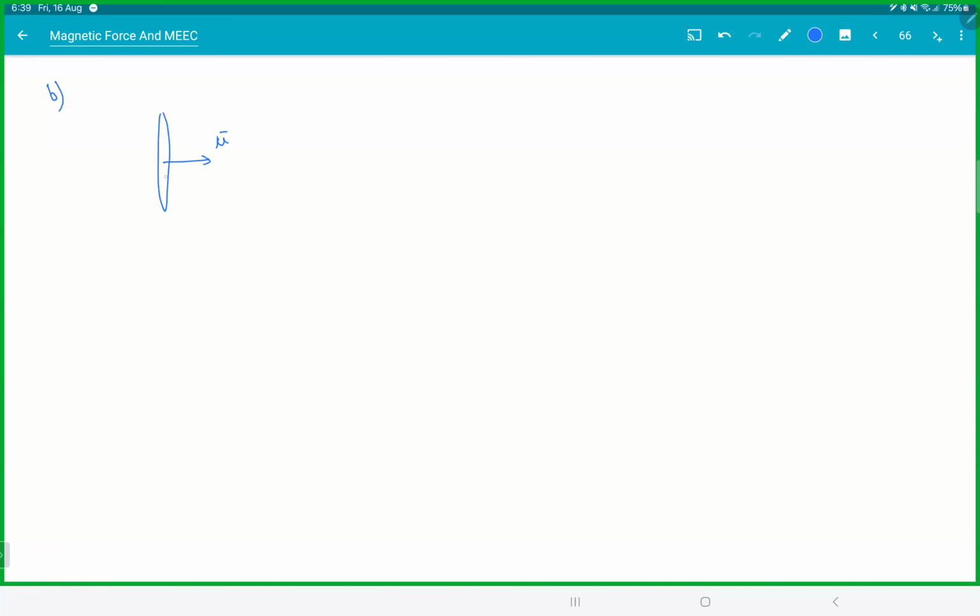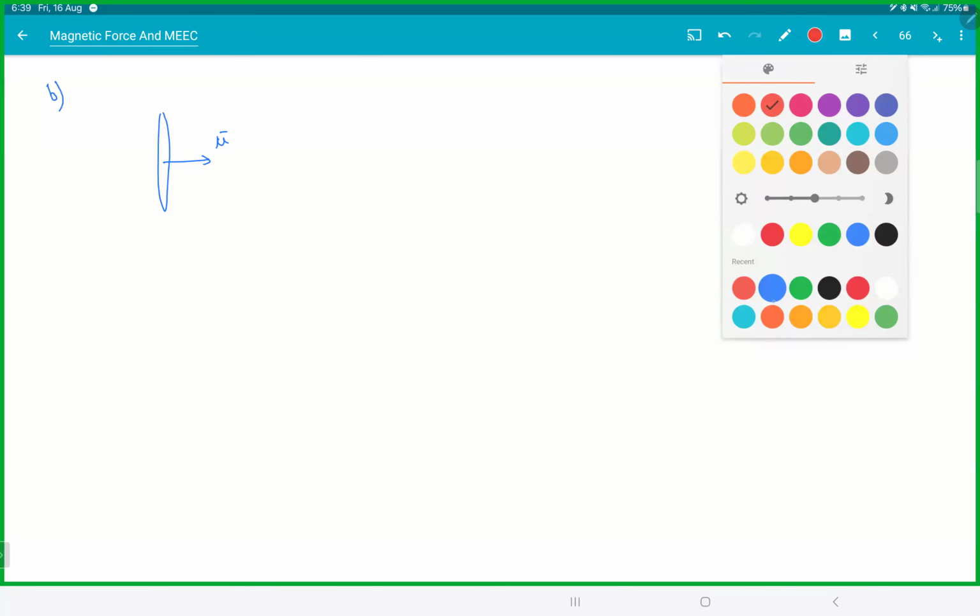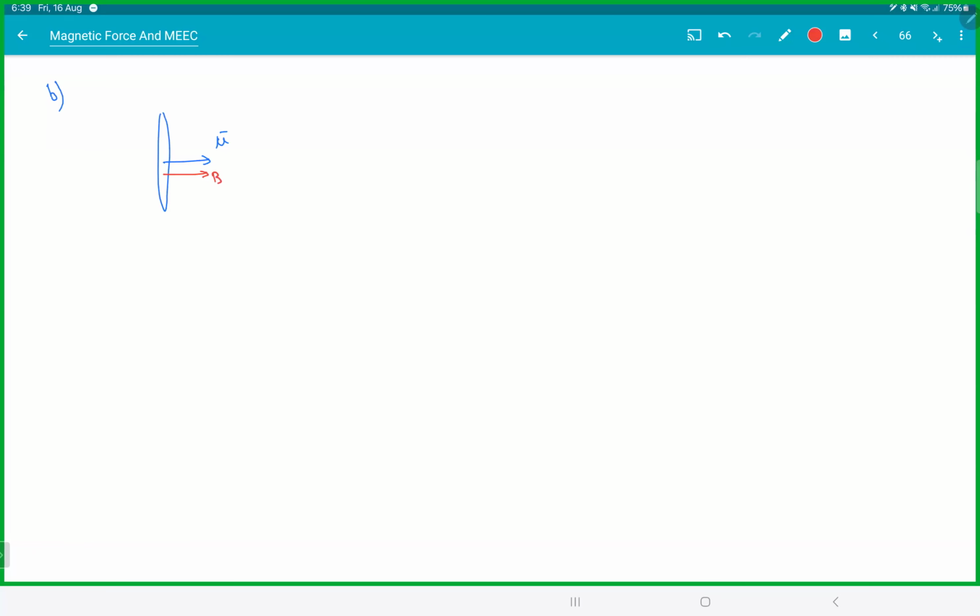So this is mu bar. This is B bar. So twisted by small angle theta. So this is SHM only for small oscillations. This is B bar and this is theta. So we get torque is equal to mu B sine theta. This would be minus I alpha. This would be mu B theta.